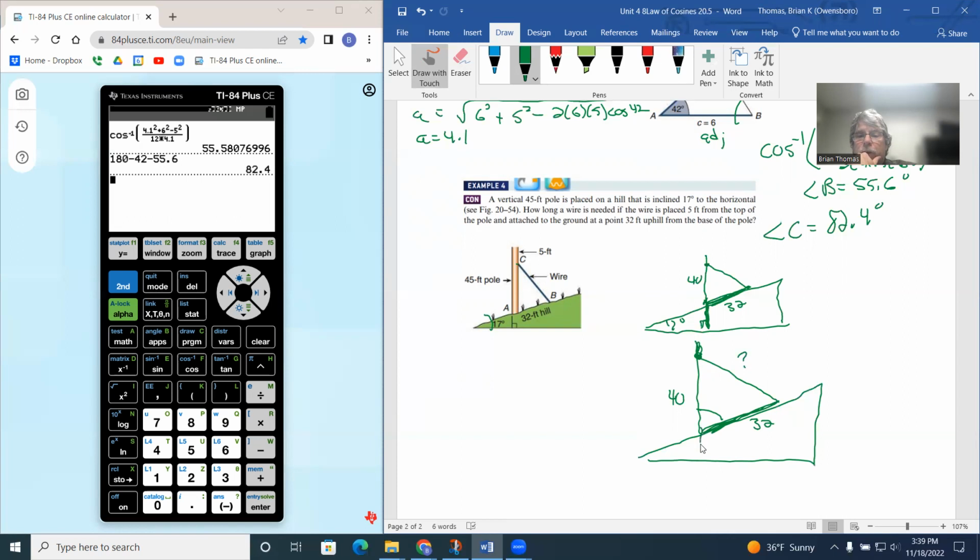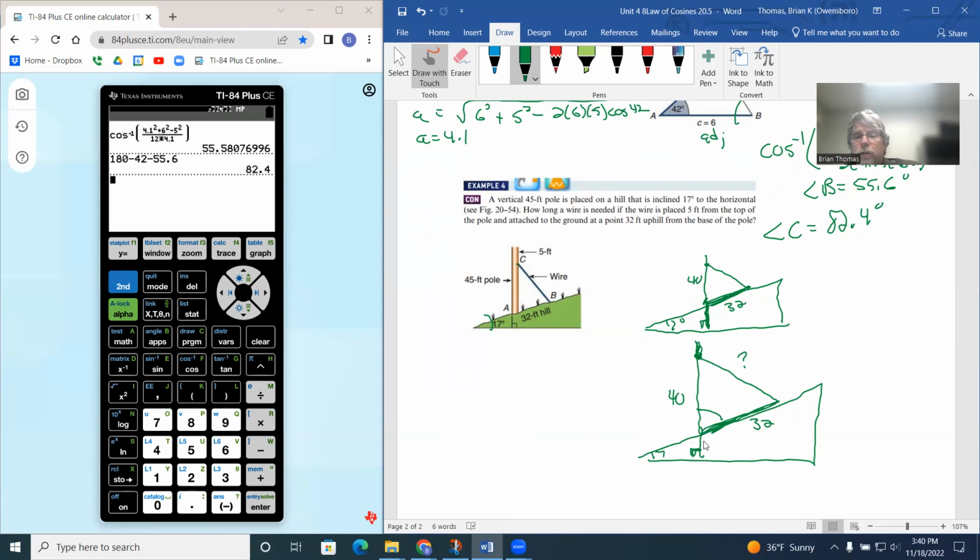So what we can pick up on is the only angle they gave us is 17. But this pole is also going to be perpendicular to the ground, so 90 degrees. Remember, the 3 angles of a triangle have to add up to 180 degrees.